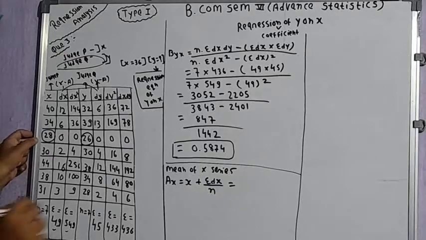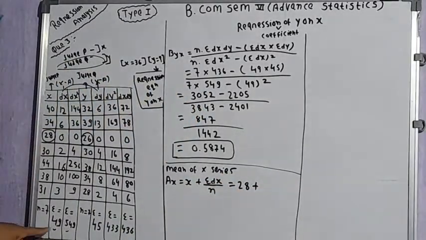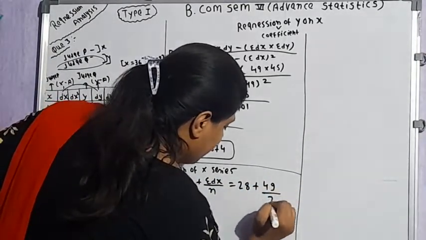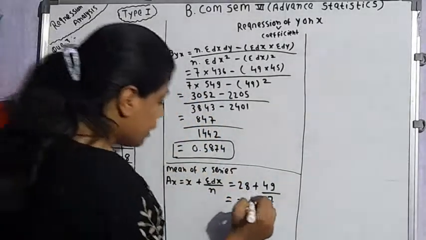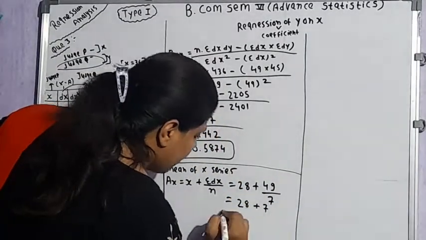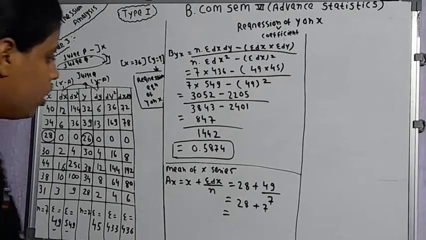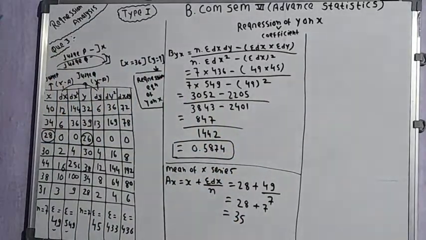What is that? 28. So 28 plus what is the value of summation dx? 49. What is the value of n? 7. So 28 plus 49 by 7. 49 by 7 comes to 7. 28 plus 7 comes to 35. So mean of x series is equals to 35.